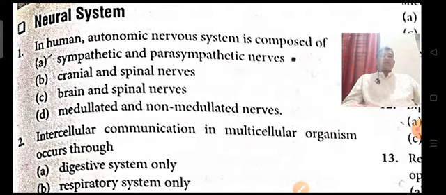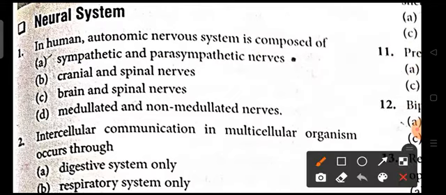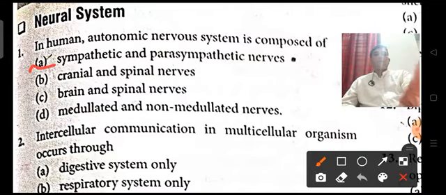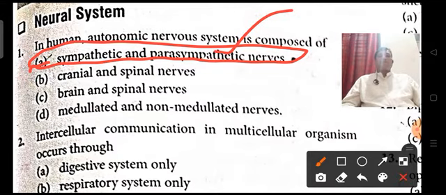So the sympathetic nervous system and parasympathetic nervous system are the components of the autonomic nervous system, and this is generally used for the maintenance of body activities.